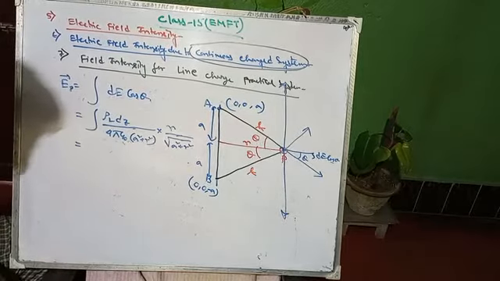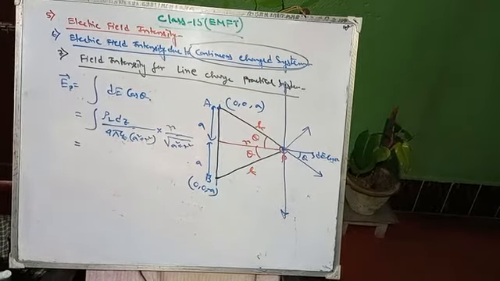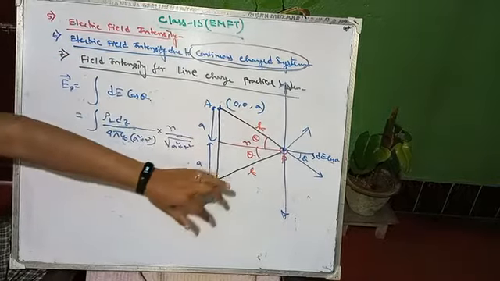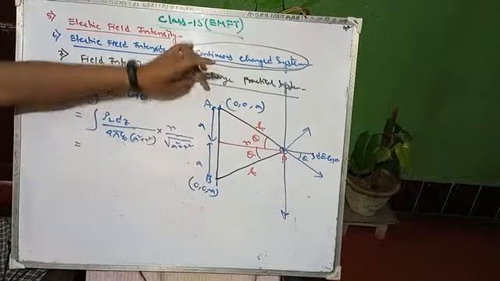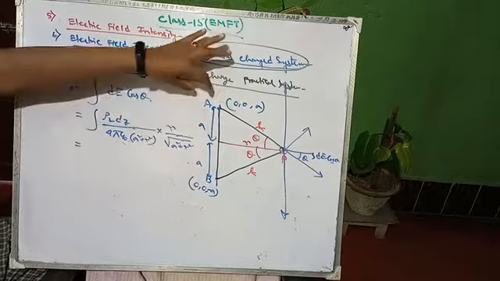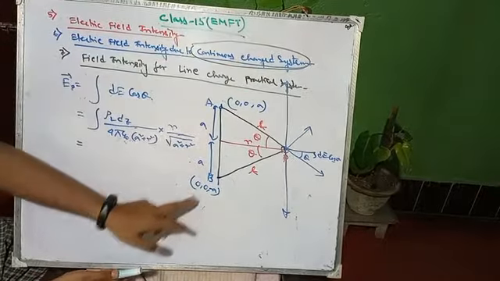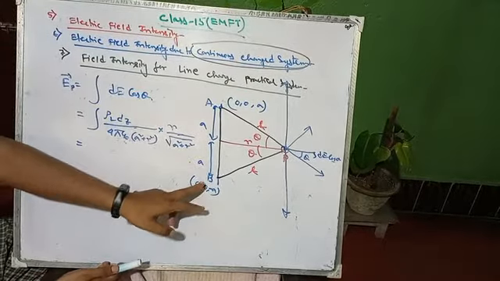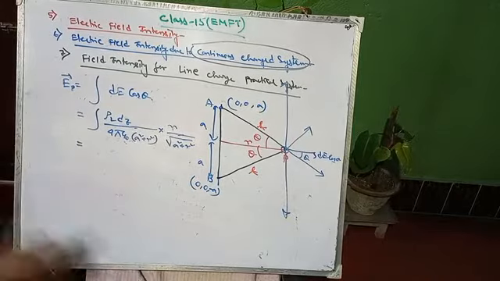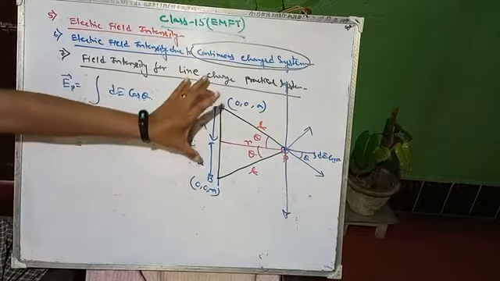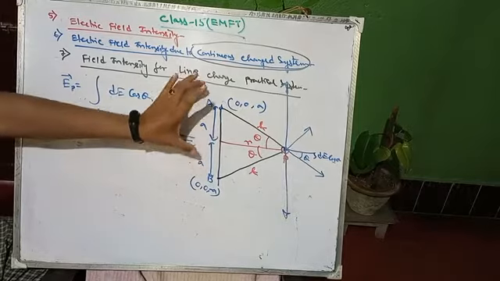So the intensity, it is a long line where we are taking a length from A to B, and A has a coordinate 0, 0, a, and B has a coordinate 0, 0, minus a. The difference between A and B will be 2a.